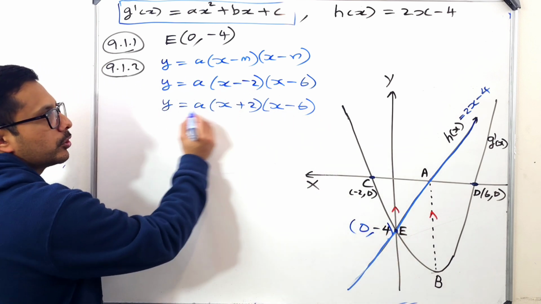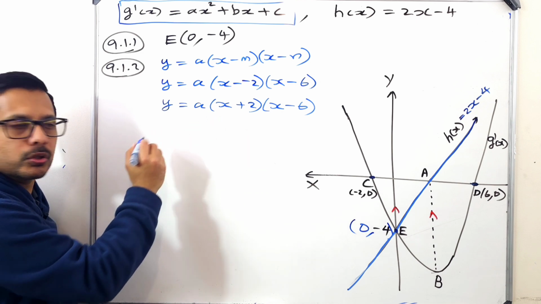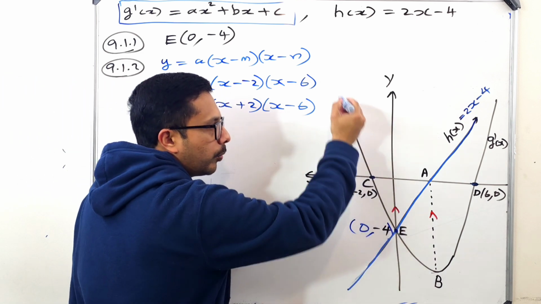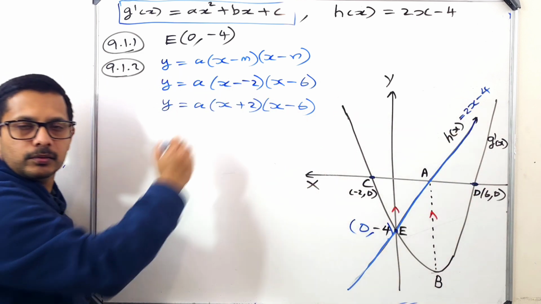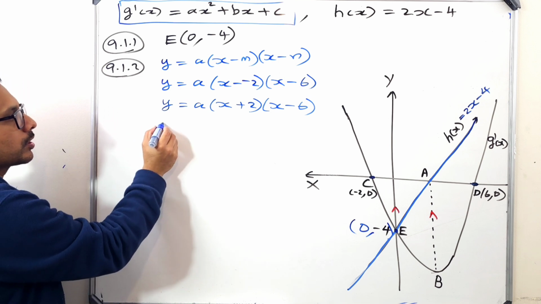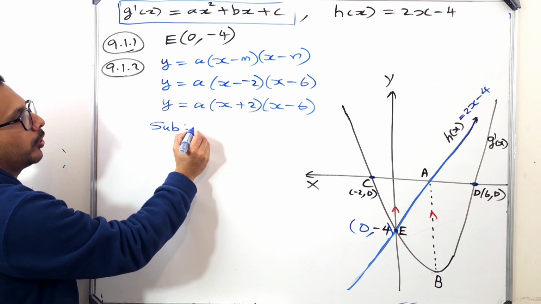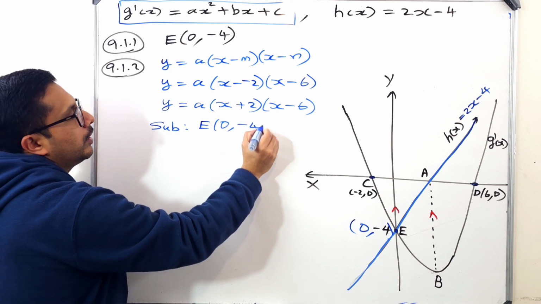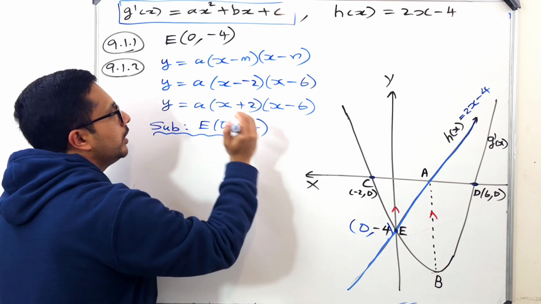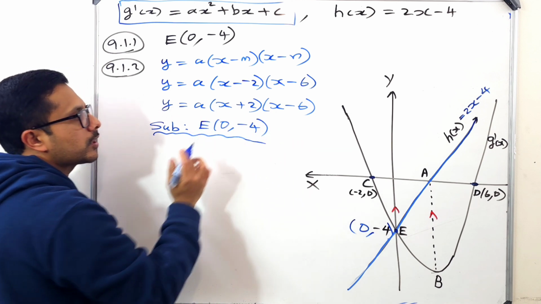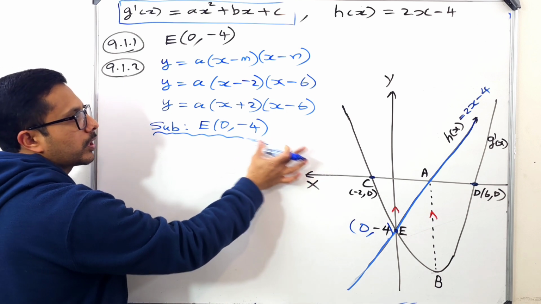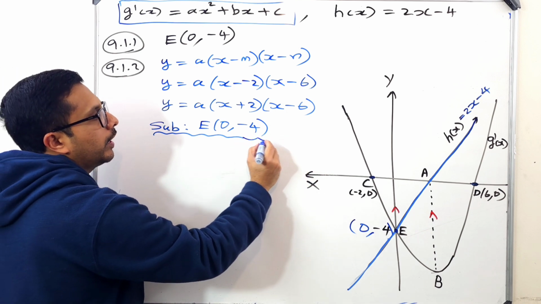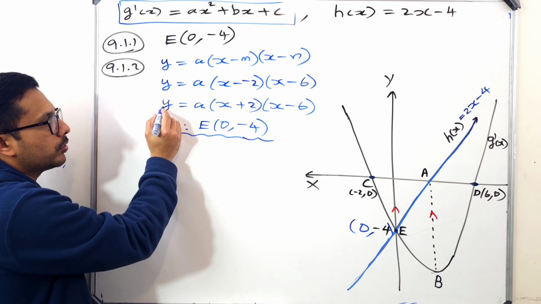So, I am going to substitute that here in this equation because that point is also a point on this parabola. Am I right? So, substitute which point? 0, -4. Substitute this point in this equation. Why am I trying to substitute there? Because I have to find the value of that a.